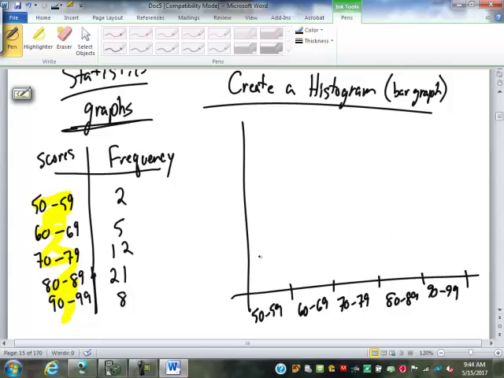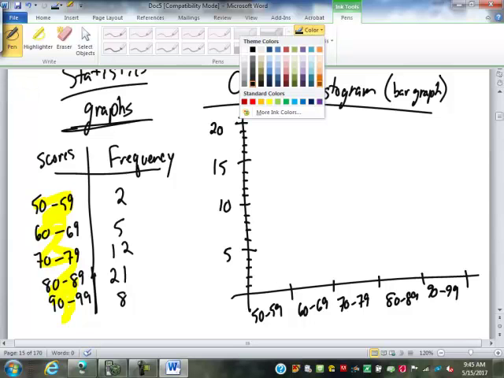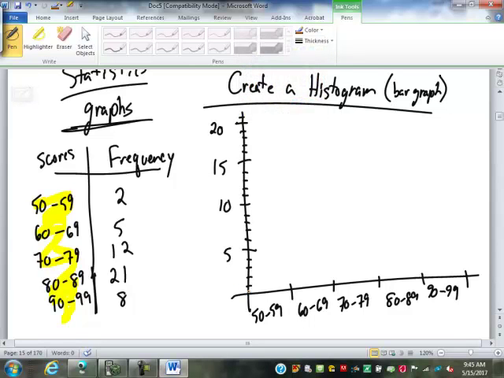Then we have to label up to at least 21 up here. So 5, 10, 15, 20, 21. So to make my bars, 50 to 59 is 2. Now remember, with a histogram, the bars touch each other.